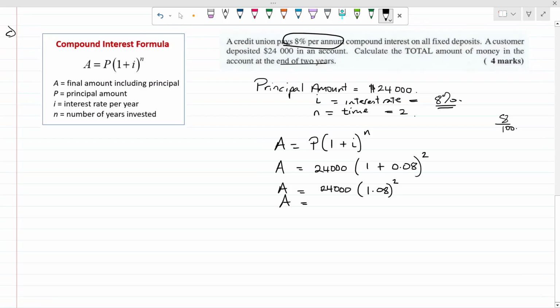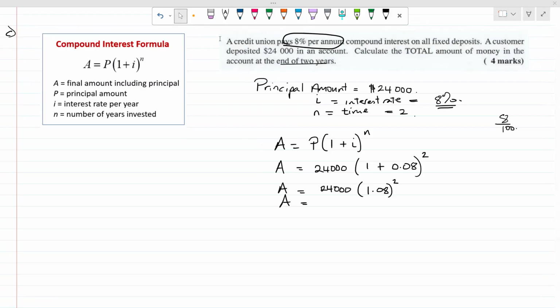What's the answer? Nobody worked it out yet? Yes, I now see it there. Leo said it. $27,993.60.